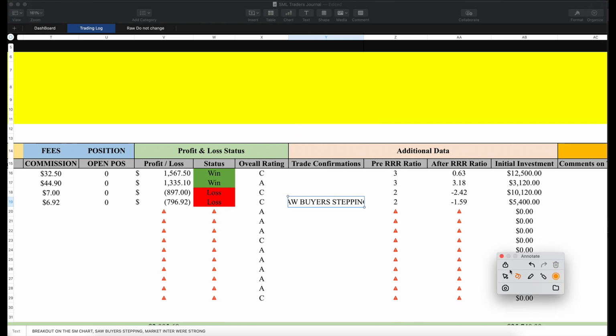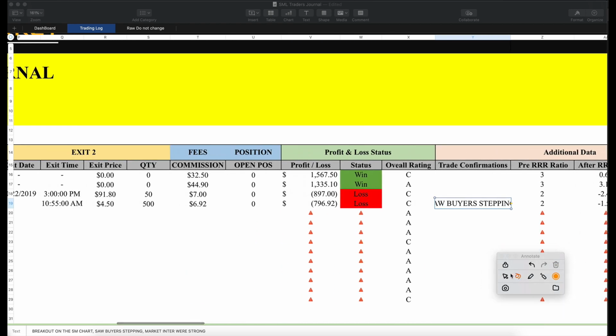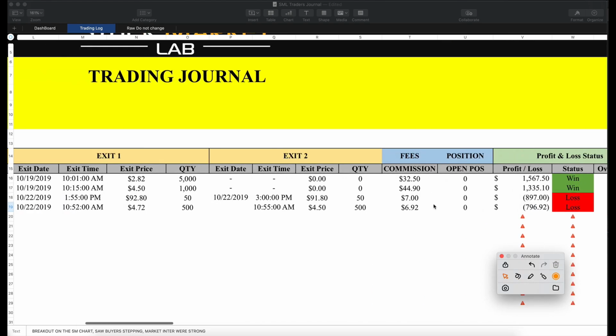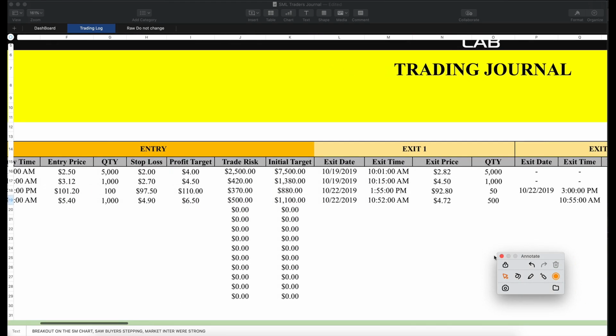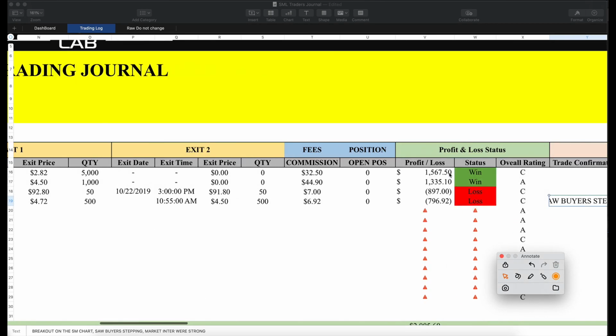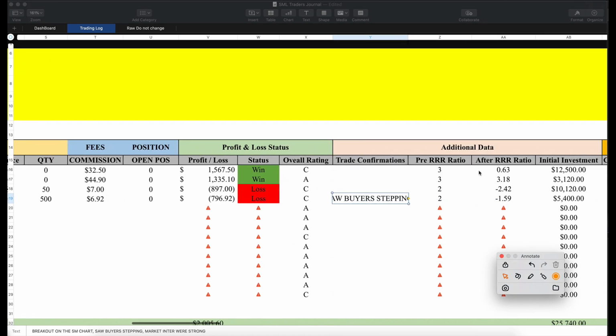So in simple terms, if you look at this trade, I made $1,500, okay? But when I go to the actual trade, I was willing to risk $2,500 to make $7,500. So my risk to reward ratio in this situation was a 3. But when the trade was done, it was not even a 1, right? So that's a bad thing.